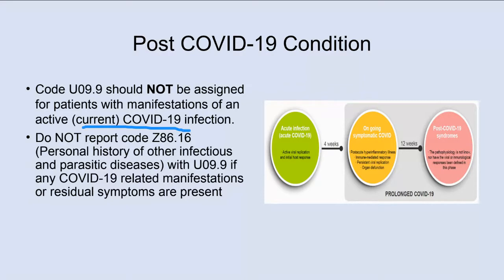And it also states, don't report personal history of other infections with U09.9 if any COVID-related manifestations are present. So remember, the history codes mean cured, no symptoms, nothing. So you're not going to use that personal history code with U09.9 because obviously there's some kind of symptom, manifestation, sequelae, something still going on.